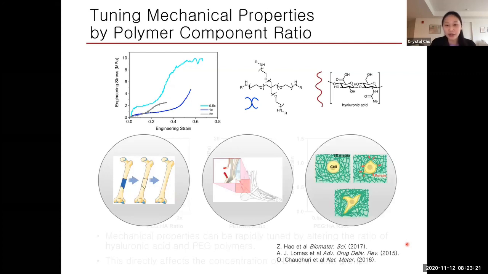And I also mentioned previously that in these fiber scaffolds, we've seen that their mechanical properties and viscoelastic behavior cause different biological responses, for example, things like self-differentiation.